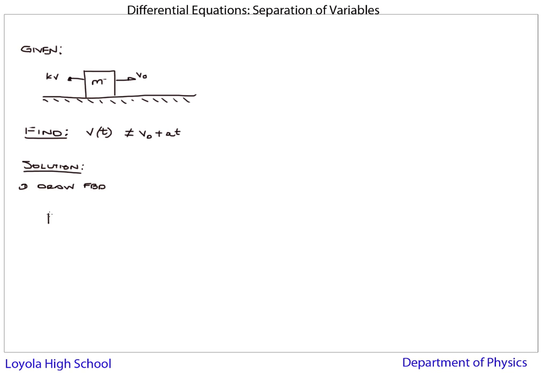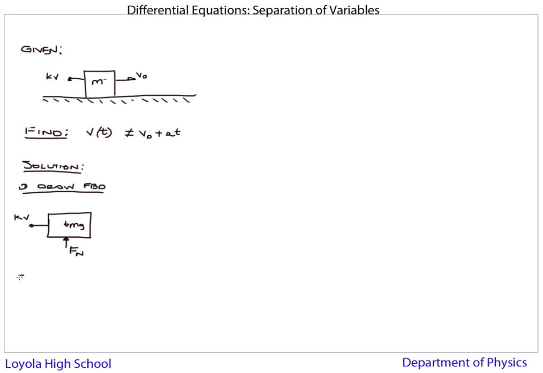If we draw an FBD of the box, we're going to have mg pointing down and Fn pointing up, and this force over here, kV, to the left. This v0 is just a velocity vector in the given. It's not a force. It's just its initial velocity. So there's our FBD.